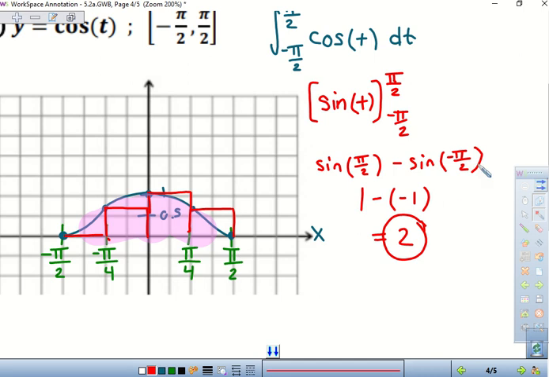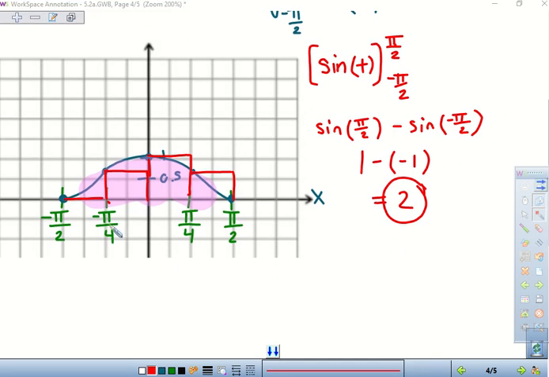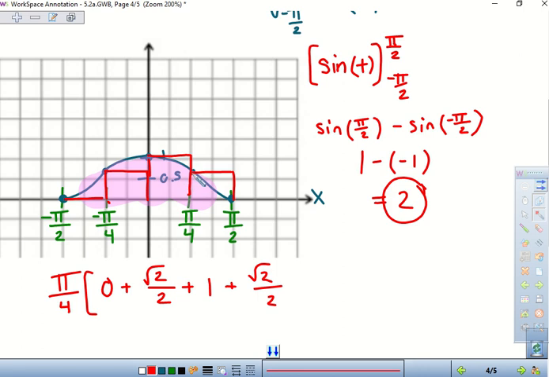Okay. So now we're going to actually find that area. Now the width of this is actually pi over 4, 45 degrees, times 0 plus, remember this is radical 2 over 2, plus 1 plus radical 2 over 2, height again. And that would be all my heights.